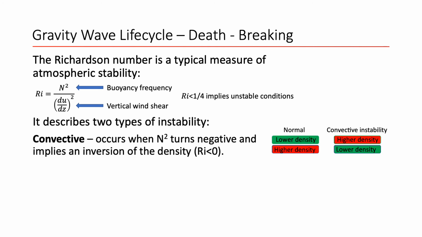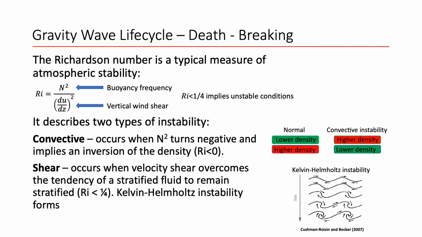The first is a convective instability driven by N squared turning negative, and what this implies is an inversion of the density, where you have higher density over lower density and the atmosphere will become unstable in order to correct itself. The second is shear instability, which is when the vertical wind shear is large enough that it overcomes the tendency of a stratified fluid to remain stratified, and then Kelvin-Helmholtz instabilities and vortices will form, as shown in the bottom right hand figure here.